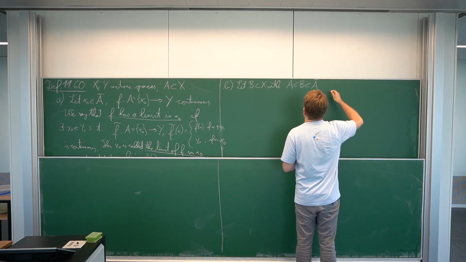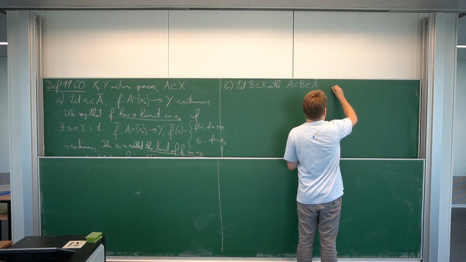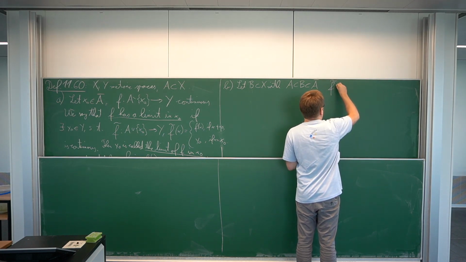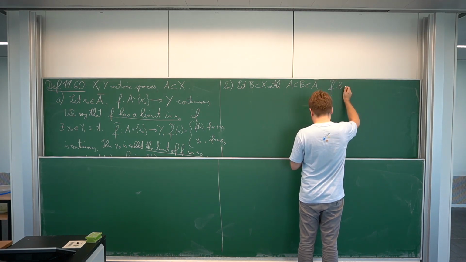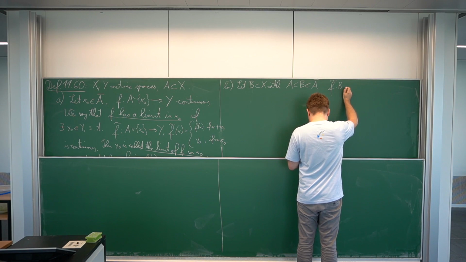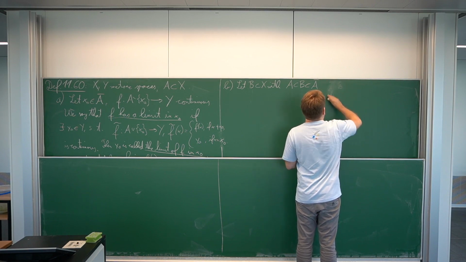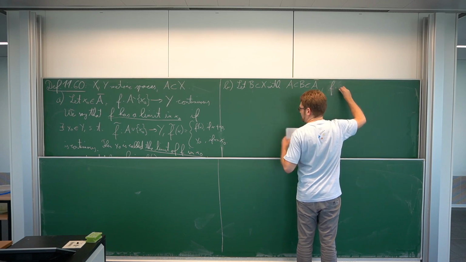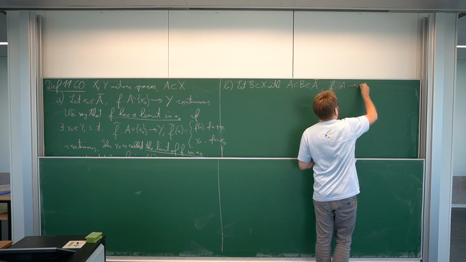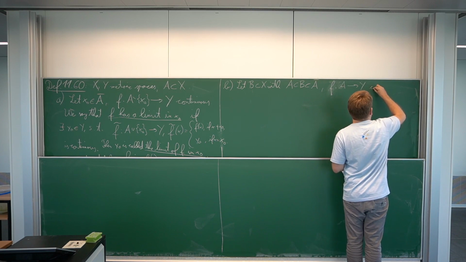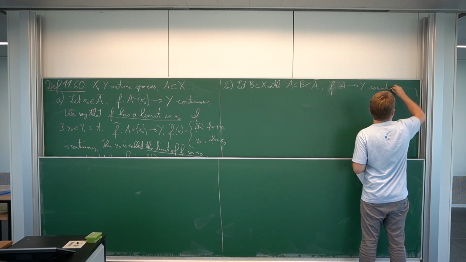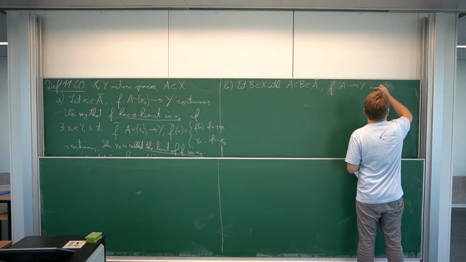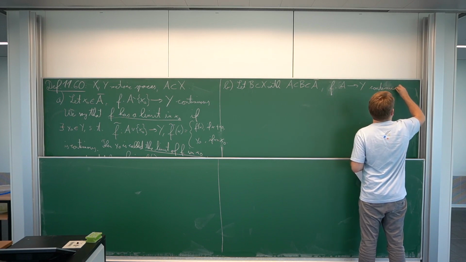Then, in the same way as before, F from A to Y shall be continuous. So this time we just write this on A, continuous.